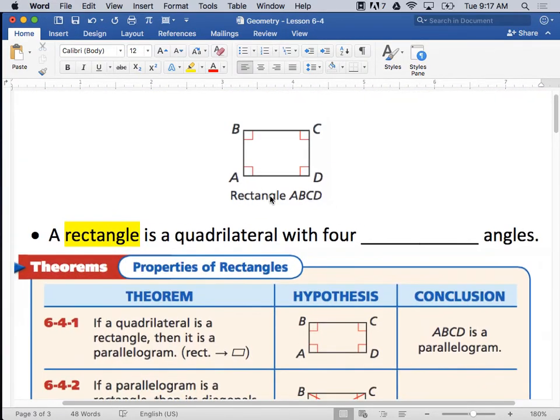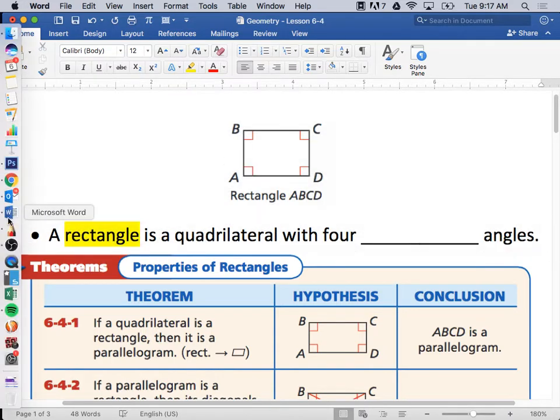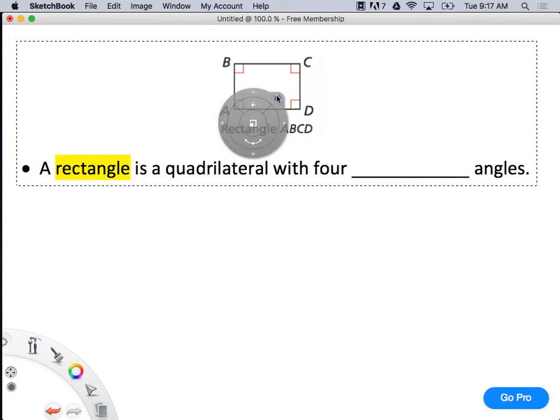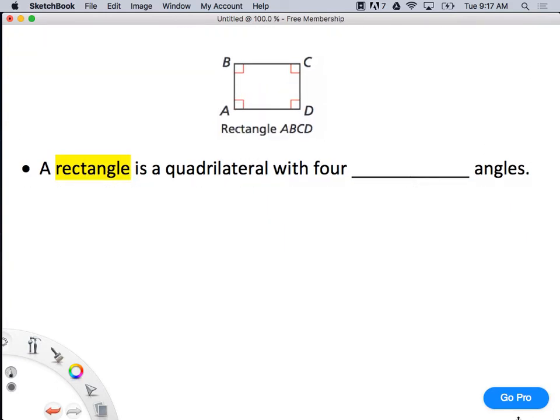So let's start with your first page. Here we see a, what shape is that, class? Rectangle. A rectangle is a quadrilateral with four what angles? Right angles. Very good. Four right angles. So go ahead and write that in.